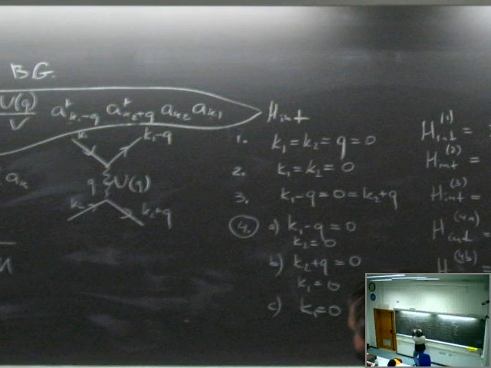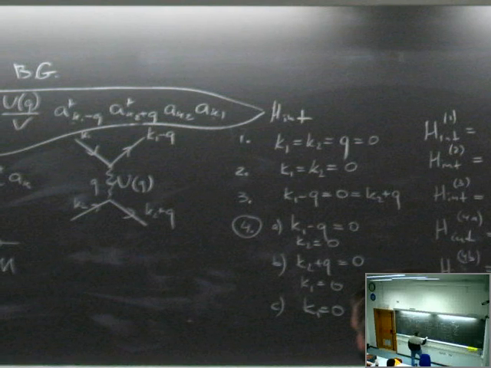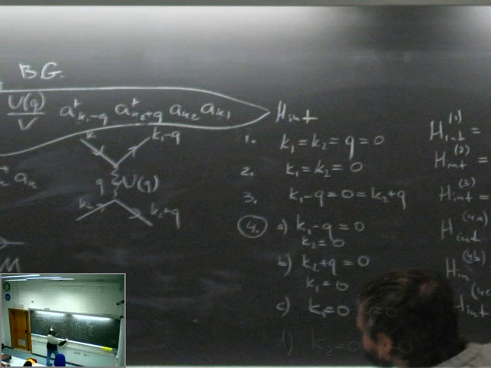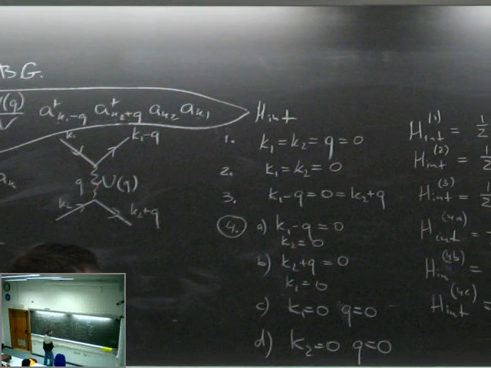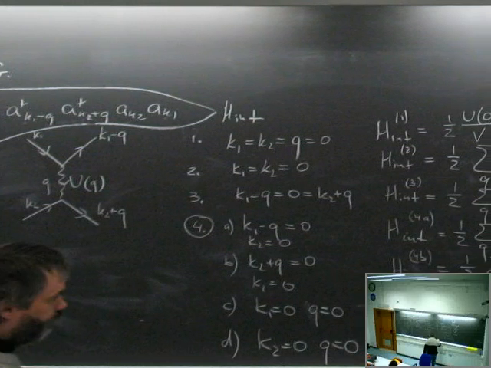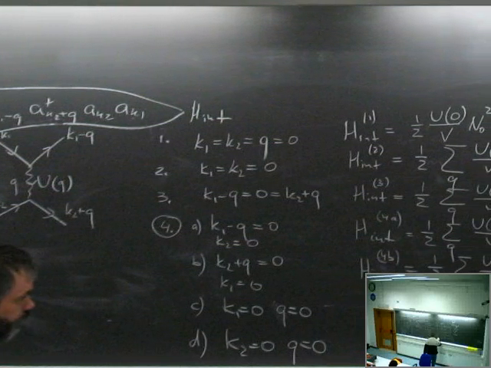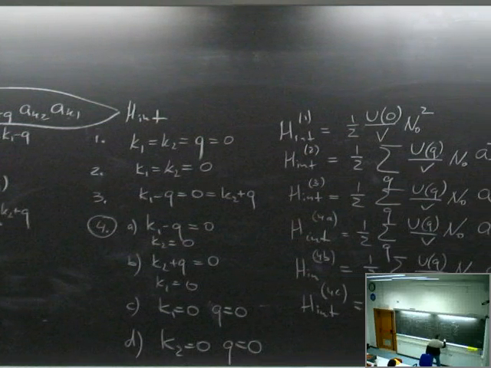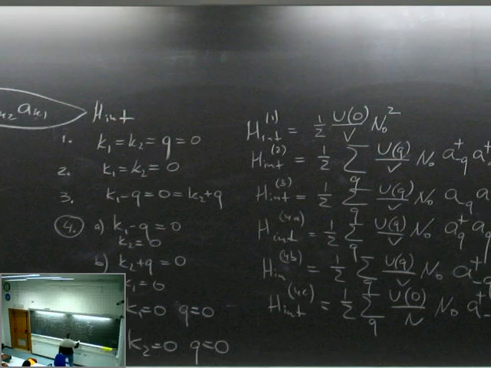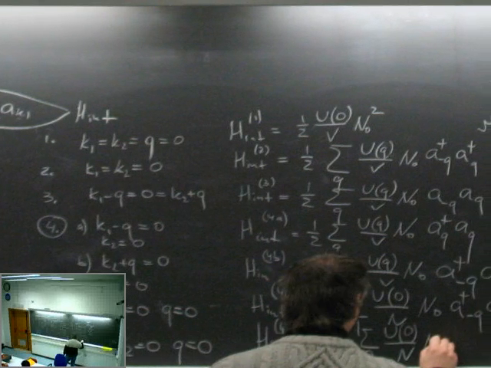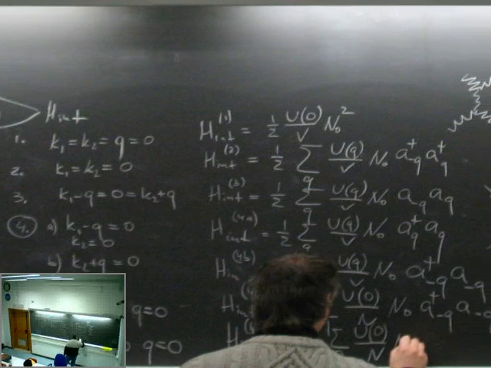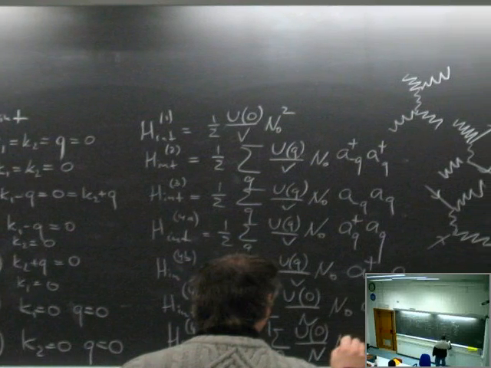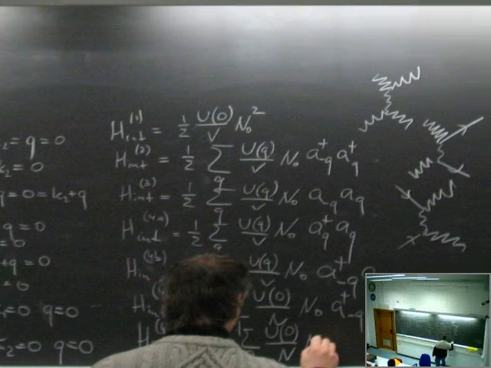And last, I will put these two lines in the condensate. D, K2 is equal to 0, Q is equal to 0. So H interaction for D is equal to 1/2 sum of Q. Again, since Q is equal to 0, U at 0 momentum over V, sorry, over V, everything here is V. And a_0, a dagger Q, a_Q.